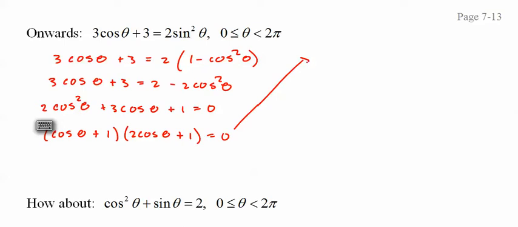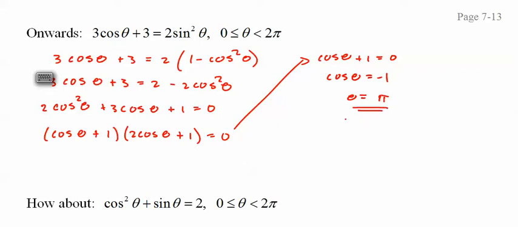Let's break it this way. Cosine of theta plus 1 equals 0. Cosine of theta equals negative 1. Theta equals pi. That's an answer.